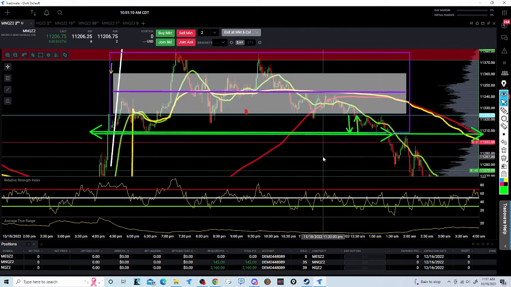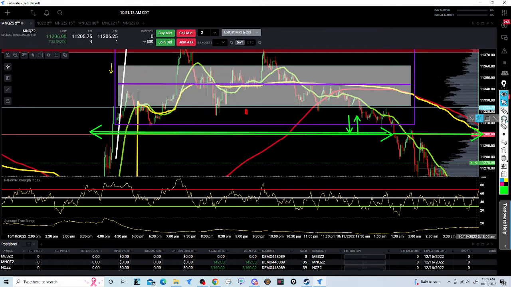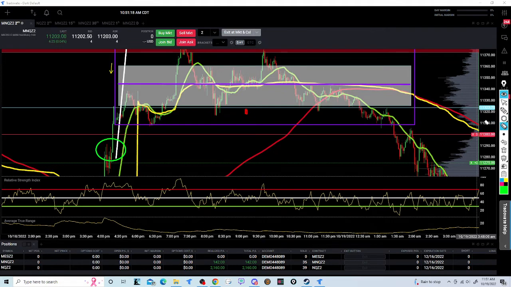The next thing that you want to do is identify your areas to the left. So when you do get that break out of the range, right? When you do get this candle, you're ready to take the trade. You already know where you're looking to profit.